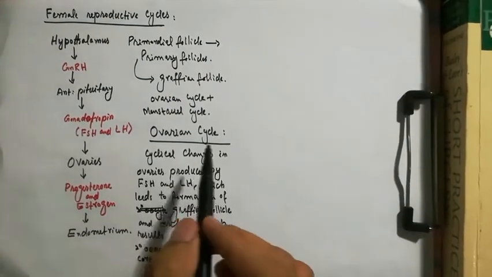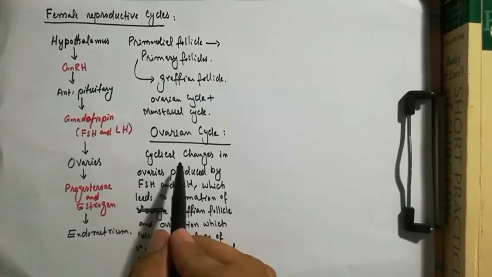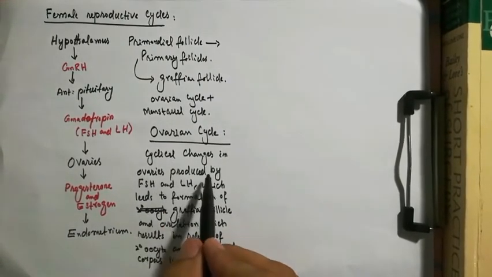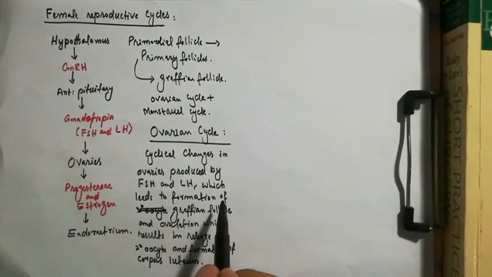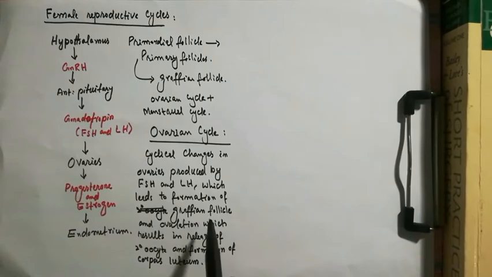Ovarian cycle is defined as cyclical changes in ovaries produced by FSH and LH, which lead to formation of Graafian follicle or mature vesicular follicle and ovulation, which results in a release of secondary oocyte and formation of corpus luteum.